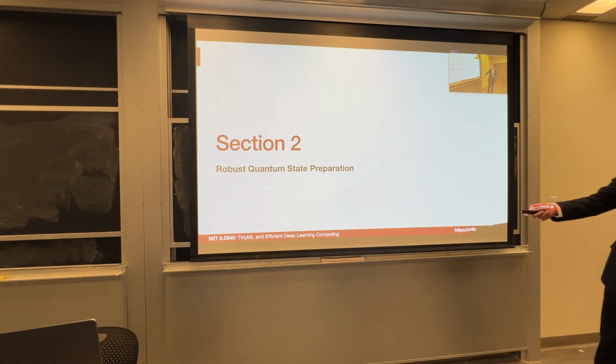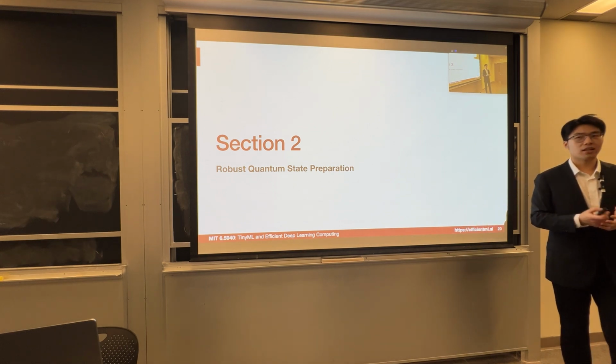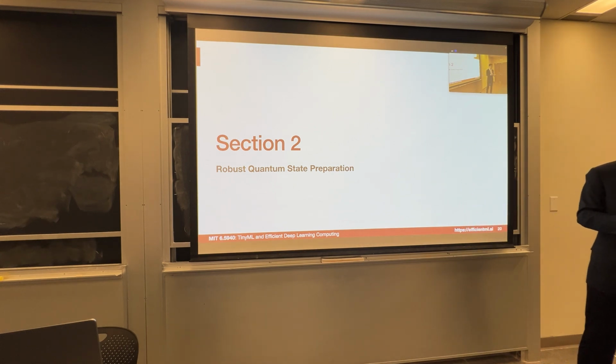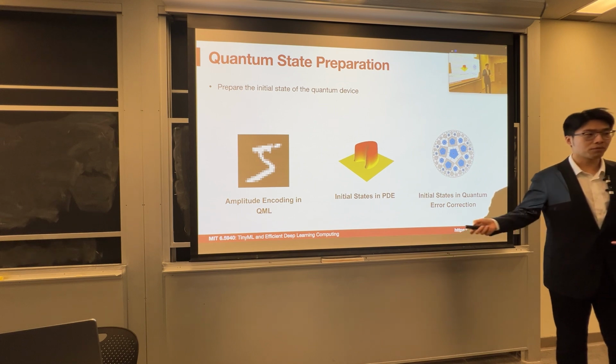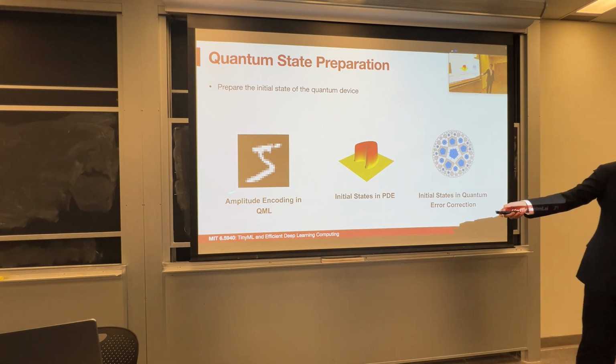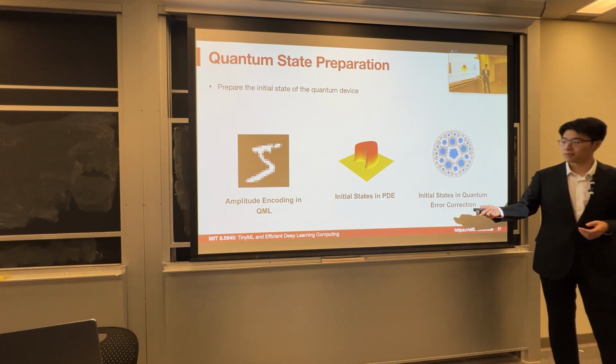And the first step is to do some state preparation. So that means you have a classical image. And how can you encode this image to the quantum state? The quantum state preparation is actually widely used not only in quantum machine learning, say the amplitude encoding in the QML, but also in some other tasks, for example, solving PDE equations.